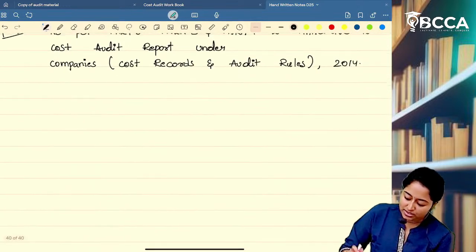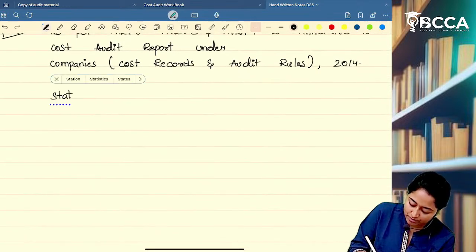Okay, first statement showing operating profit.